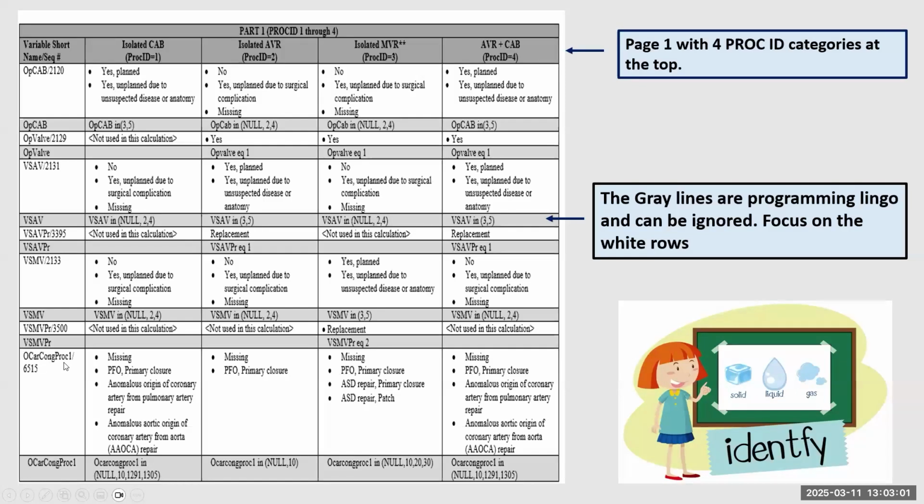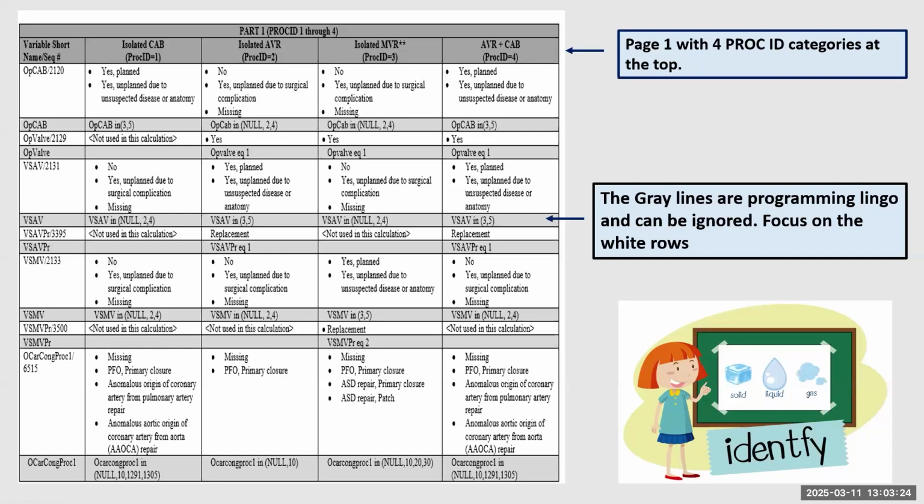Here's a good example, because we were just talking about anomalous coronary arteries. If you do a CAB and you do an anomalous origin of a coronary artery, what is this telling me? The first thing you see here is missing.